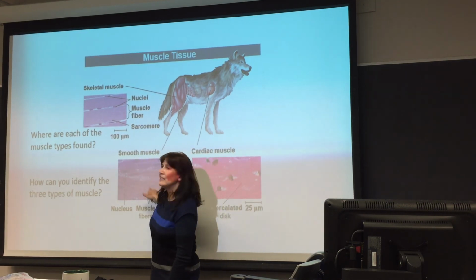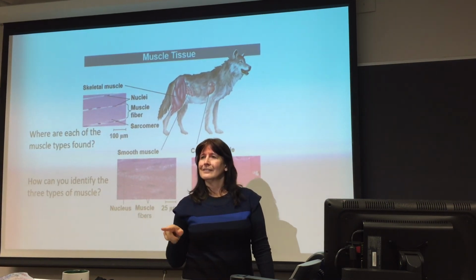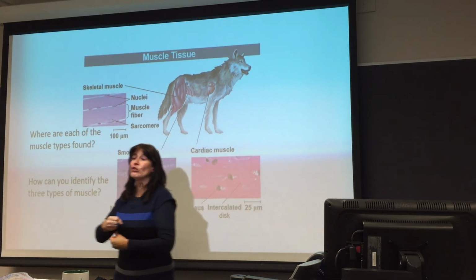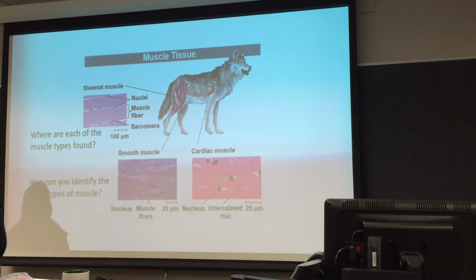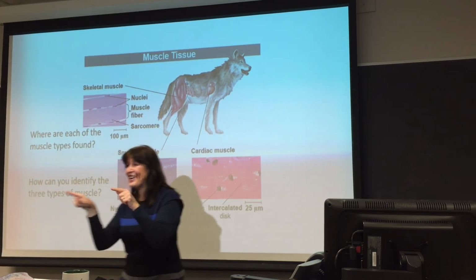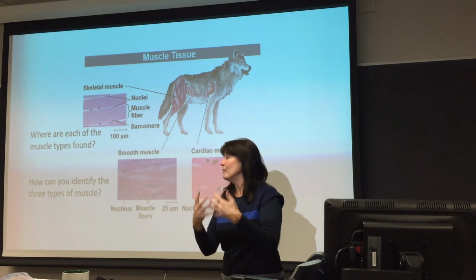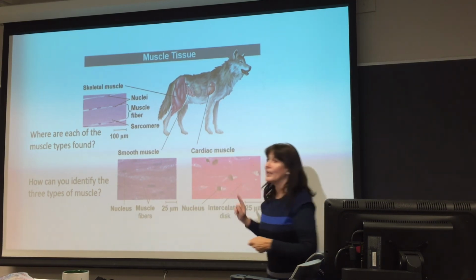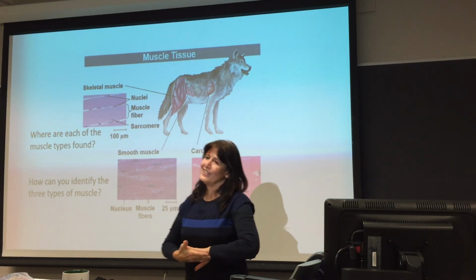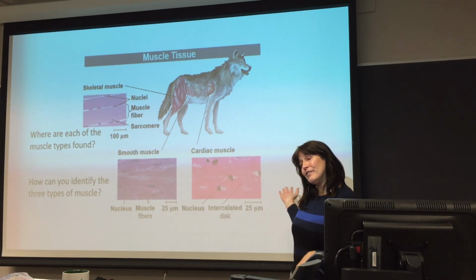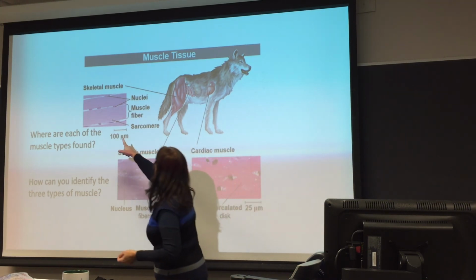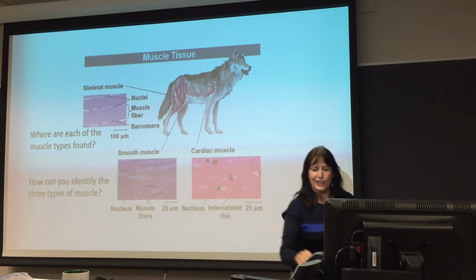And where do you see smooth muscle? Yes, in visceral organs, the digestive system, and you don't see those bands there. I mean, there are actin-myosin that act in a different format. And what about cardiac muscle? Where's the one place you have cardiac muscle? The heart. Okay. And is that voluntary or involuntary? Involuntary. So voluntary, involuntary, involuntary.